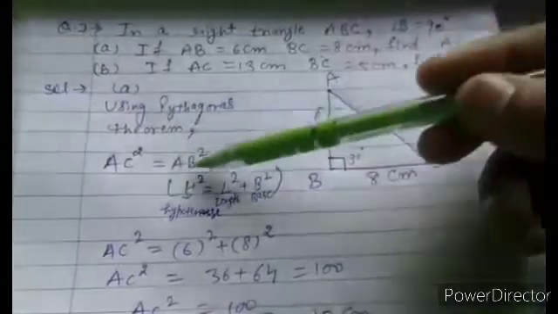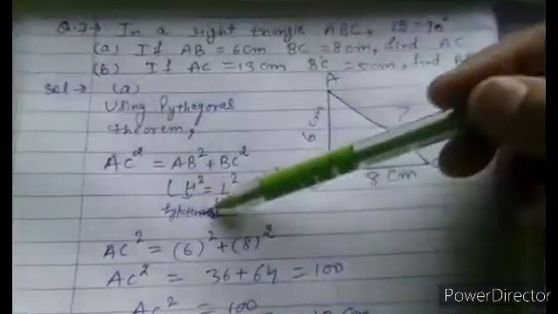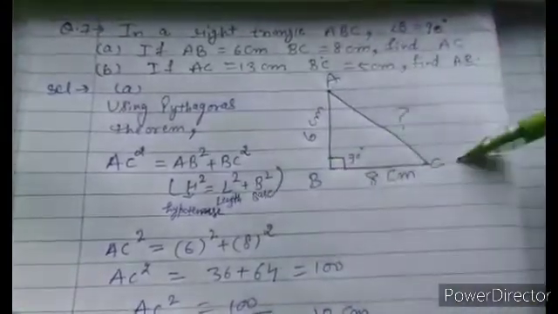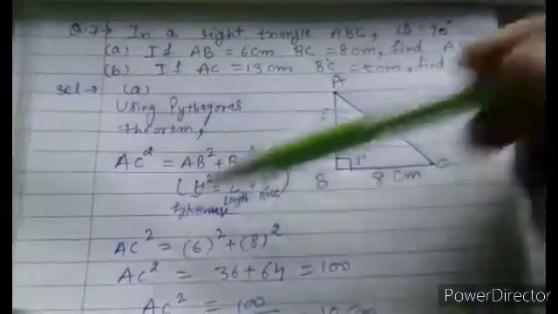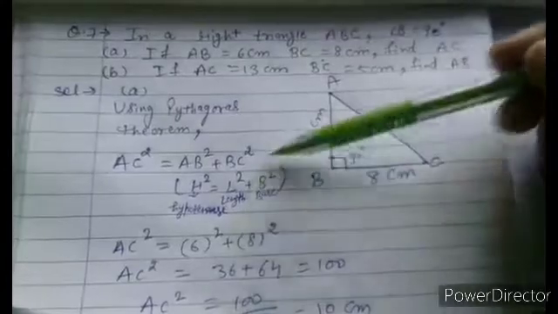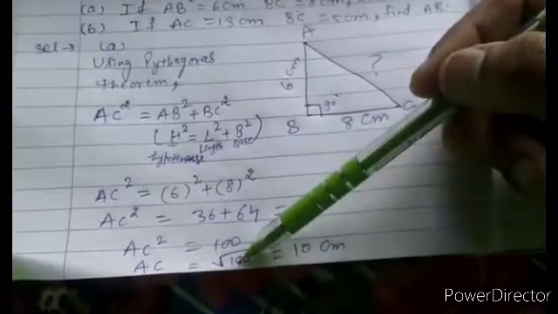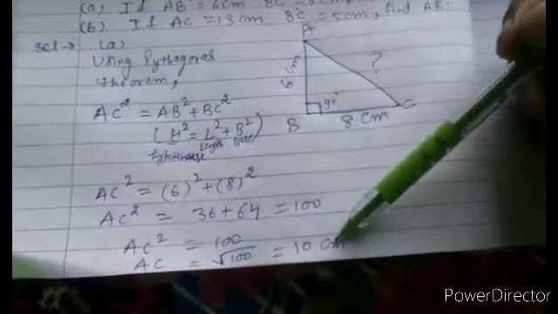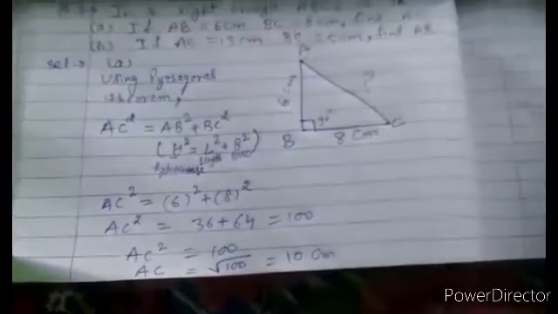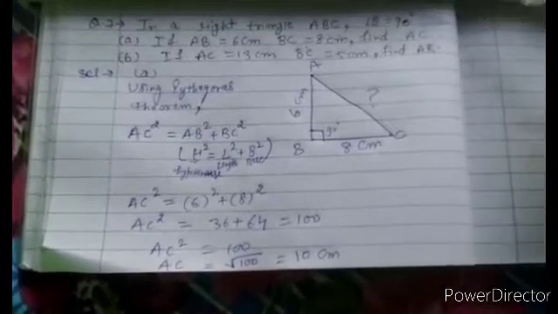AC square is equal to AB square plus BC square. AB is 6, 6 square, BC is 8, 8 square. So AC square will be 36 plus 64, it will be 100. So AC square is 100, then AC will be 10, because square root of 100 is 10. So this is A part of question number 7.